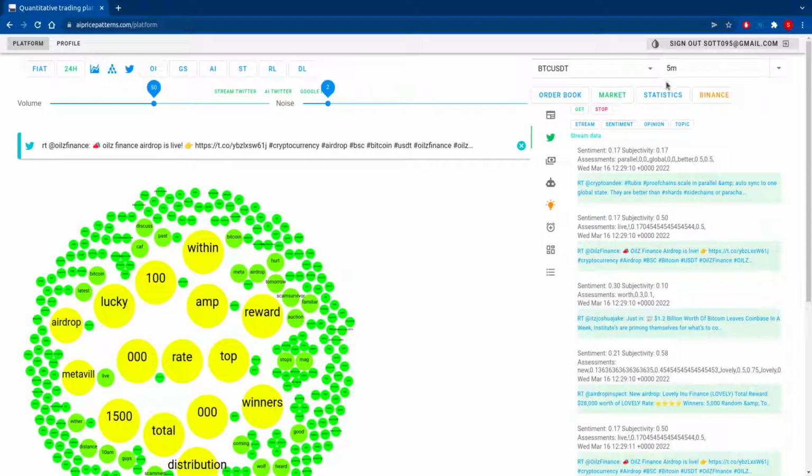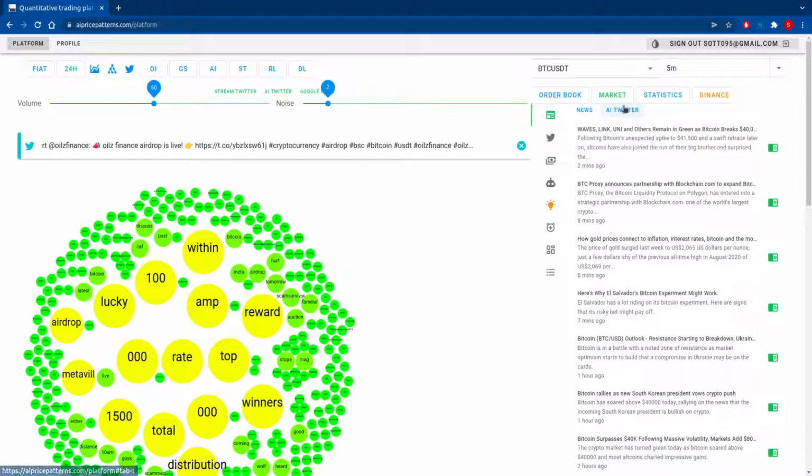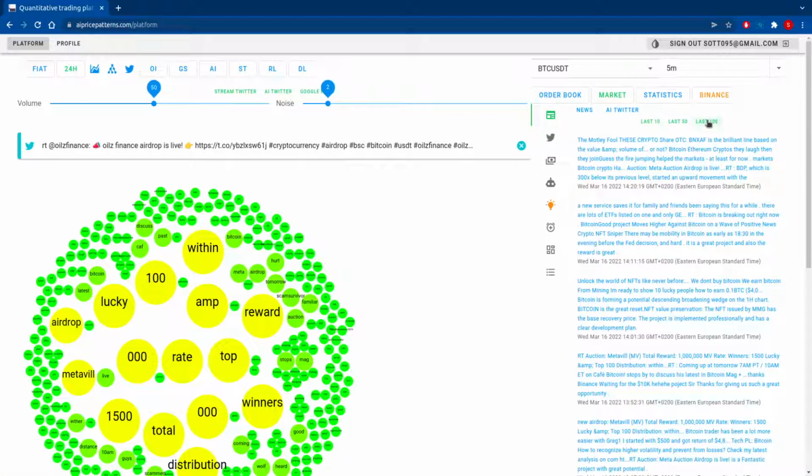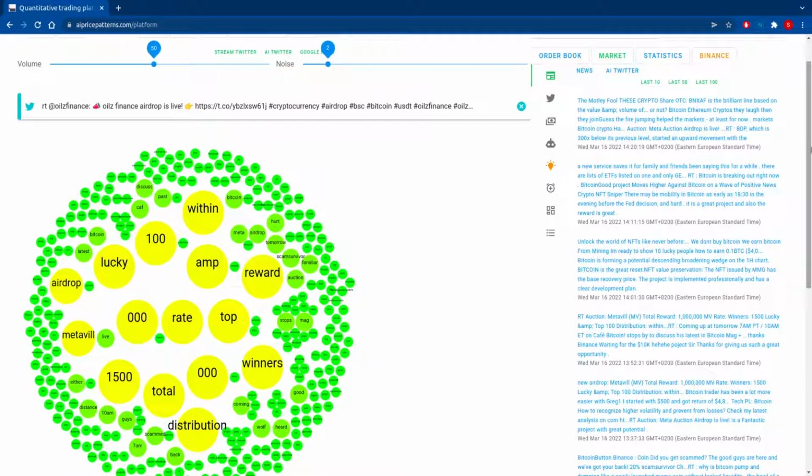Okay, let's look at the situation. I need the market. Okay, Twitter, and the last 100 tweets using artificial intelligence. What are the ideas of this market? Okay, it takes some time.